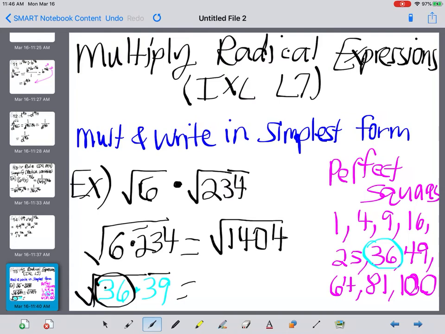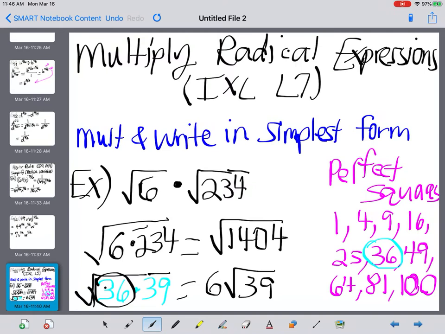Now, there may be a case where, for example, if 39 also had a perfect square in it, I'd have to break that down more. But 39 does not have a perfect square in it, so I don't have to worry about that. So the square root of 36 is 6, so I'm going to have 6 times the square root of 39. 39 has to stay inside there because it does not have a perfect square inside it.